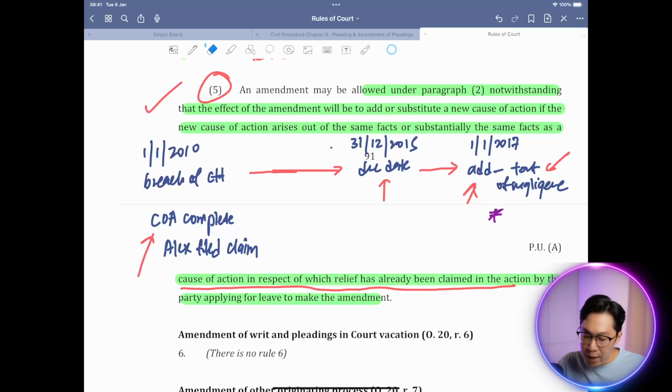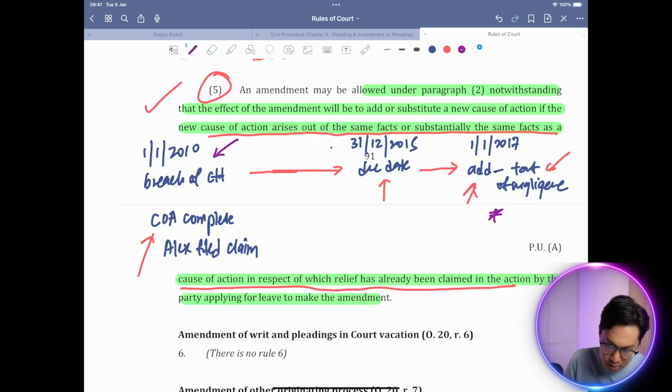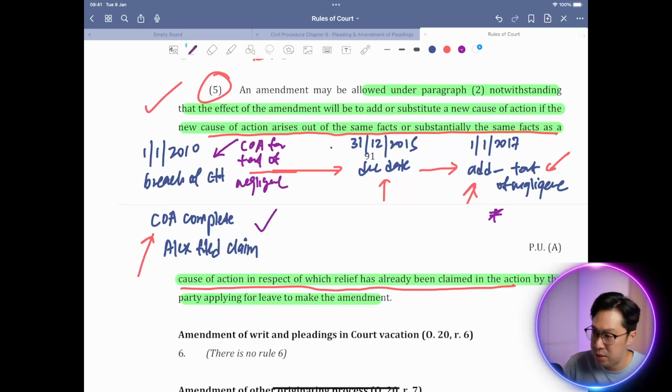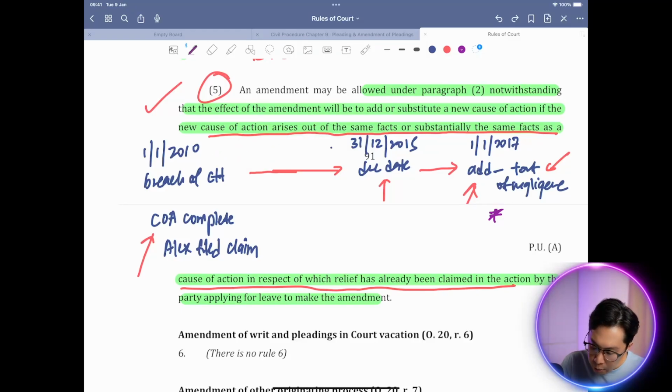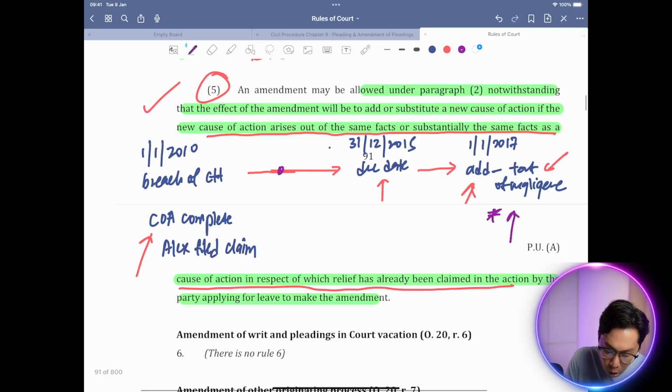So if he wanted to add here, he can do so if on this particular date, the cause of action for tort of negligence is also complete. Then only can allow. Now he wanted to add tort of negligence here, but the cause of action for tort of negligence, the three factors, Lim Kian and Chu Kun, is only completed here, on 1st of January 2011.